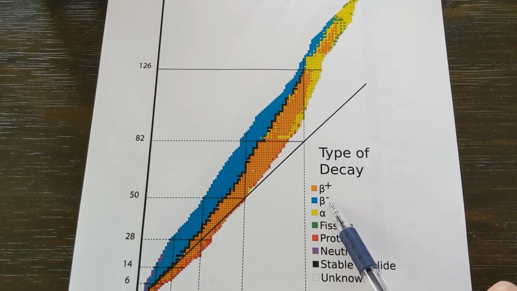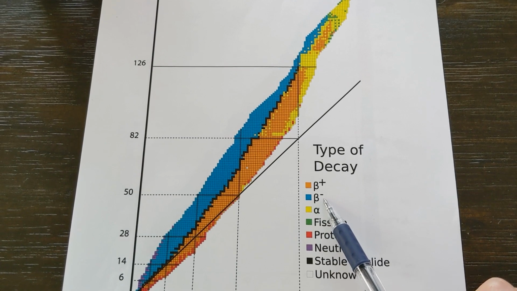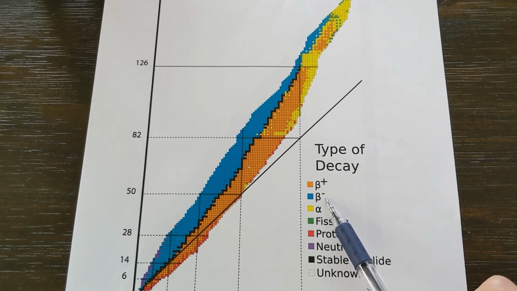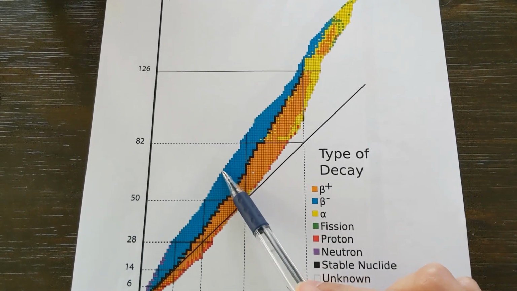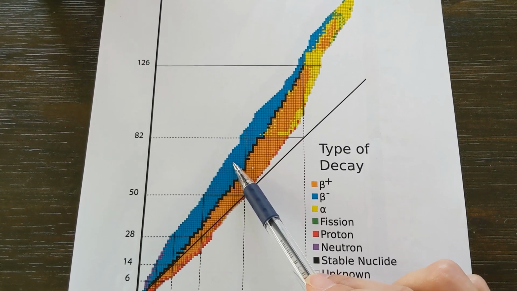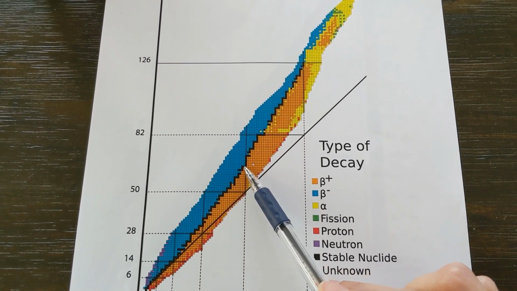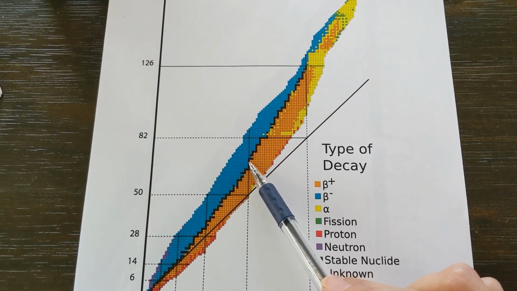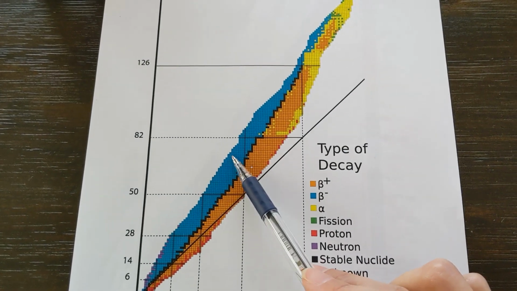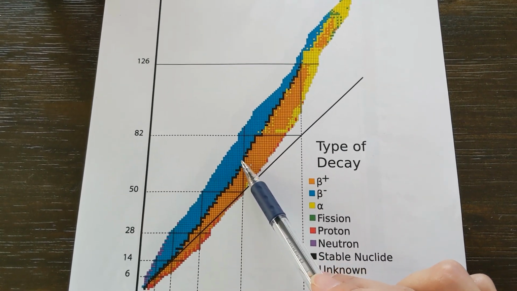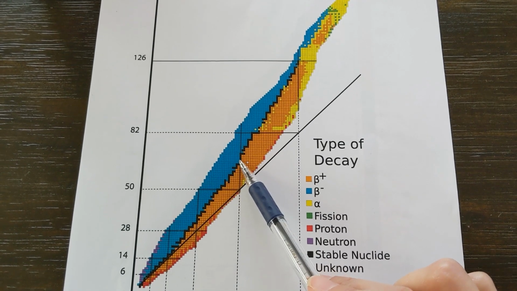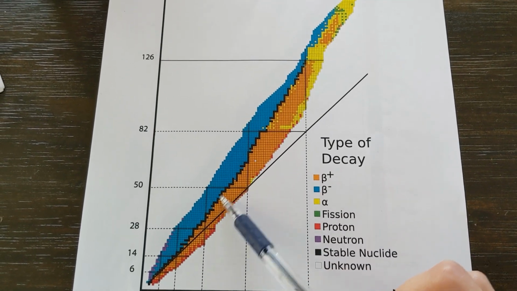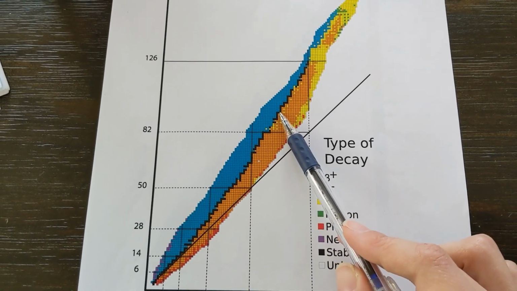Remember, in a beta decay, we're taking a neutron and turning it into a proton. Above here, we have too many neutrons, greater than what needs to be on that line. So if we take a neutron and turn it into a proton, we decrease the neutrons and get closer to the zone of stability.